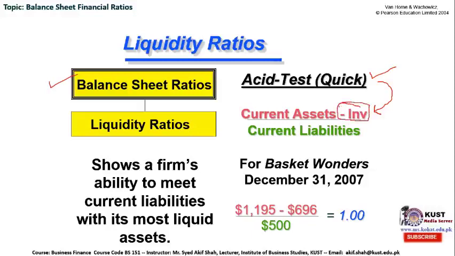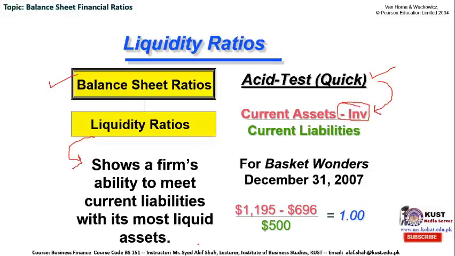Here, you are required to subtract the inventory from current assets so that we can have the most highly liquid assets in the accumulation of current assets. This ratio actually tells you about the high level of liquidity inside the company. What does this show? This liquidity ratio, the asset test ratio, shows a firm's ability to meet current liabilities with its most liquid assets.